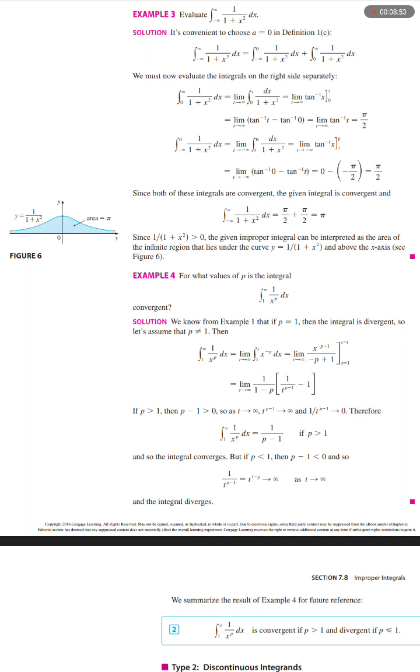Solution. It's convenient to choose a equals 0 in definition 1c.